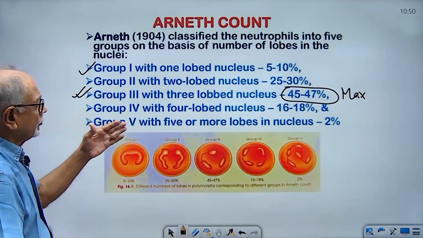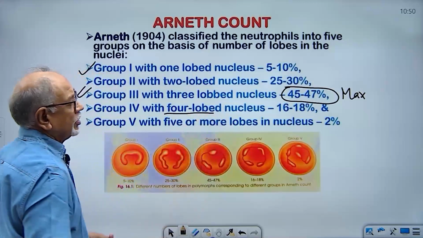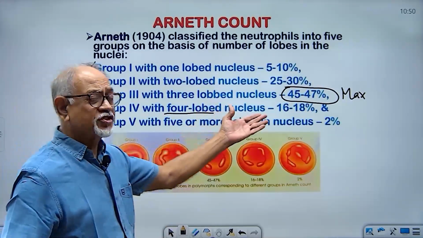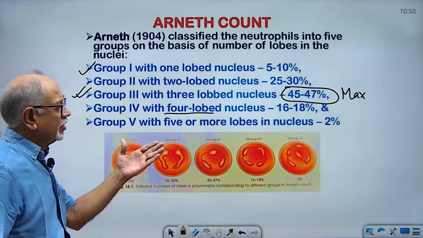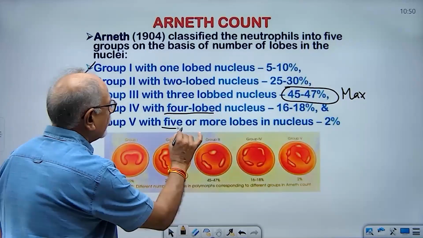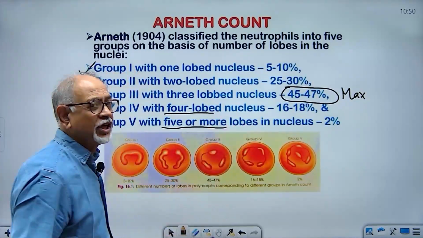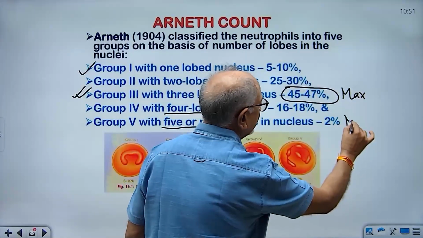Group 4 has a 4 lobed nucleus. Their percent is 16 to 18%, and group 5 is the group which includes 5 or more lobes in the nucleus, and they are minimum in number.